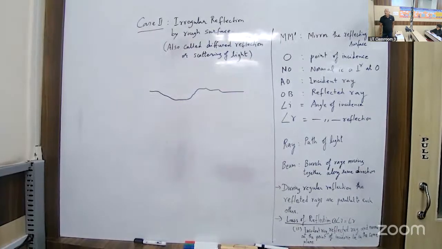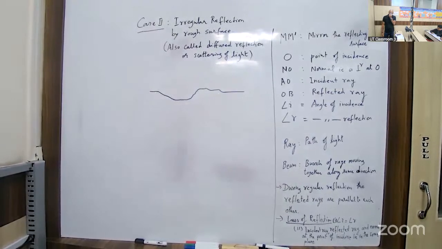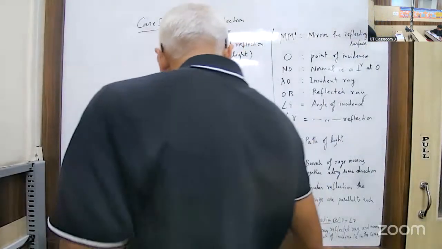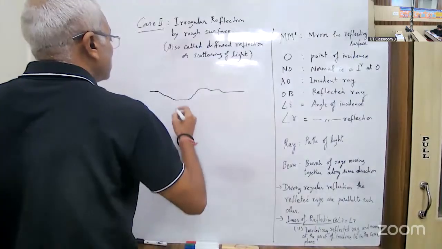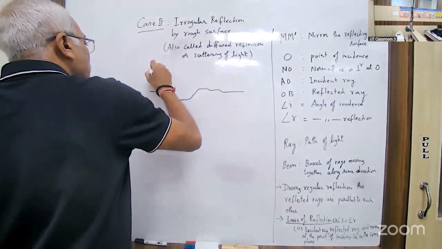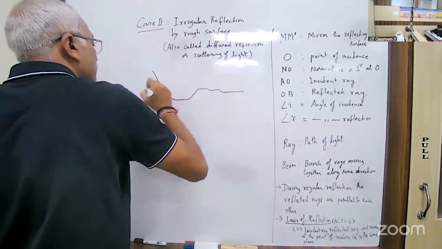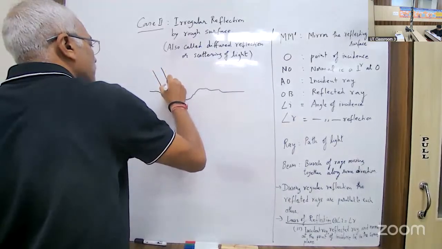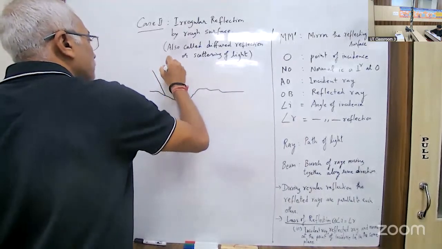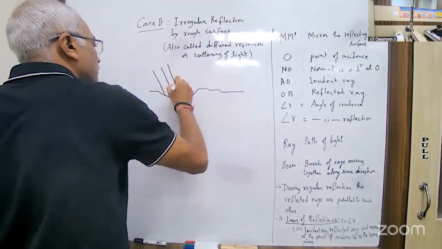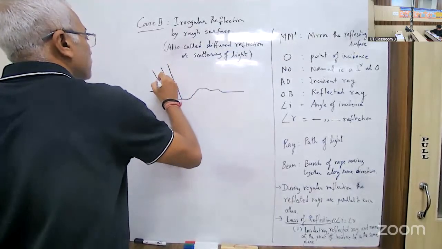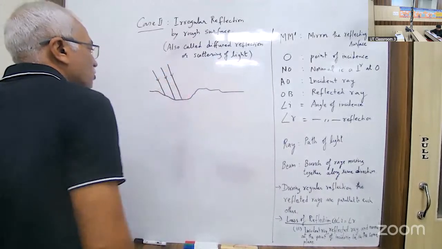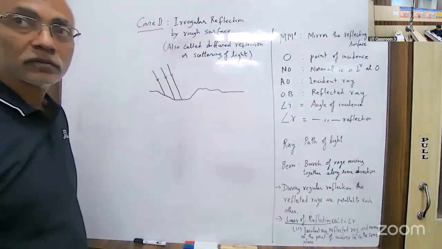All right. Now let us say we have an irregular surface like this. Then what do you do? Let us consider 3 light rays. So incident rays will all be parallel, right?